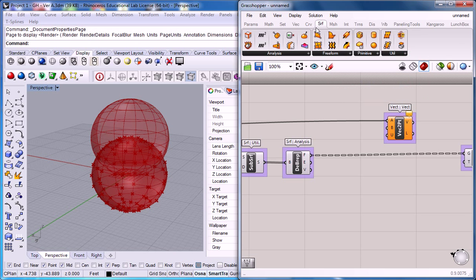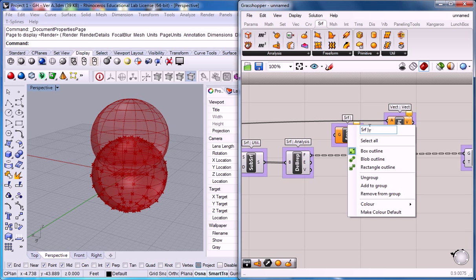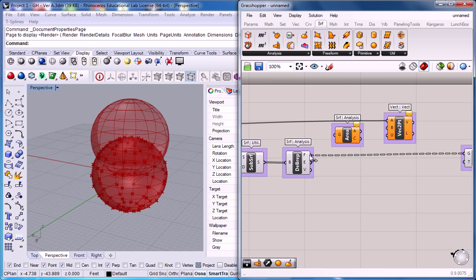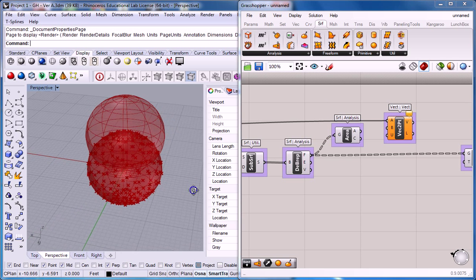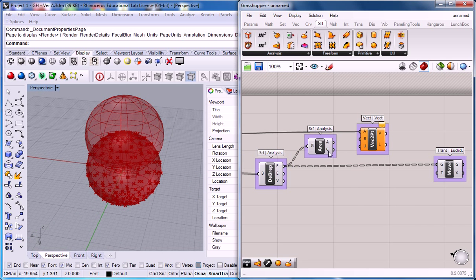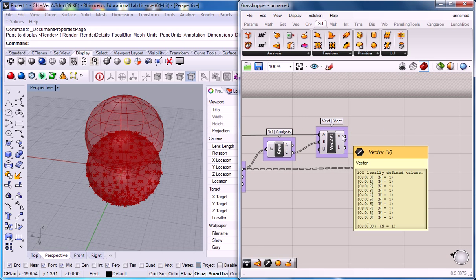Area, right. So under surface, under analysis, it's area. And we can plug our faces in there. And we can grab our centroid from here. And then we have 100 vectors that are being output.